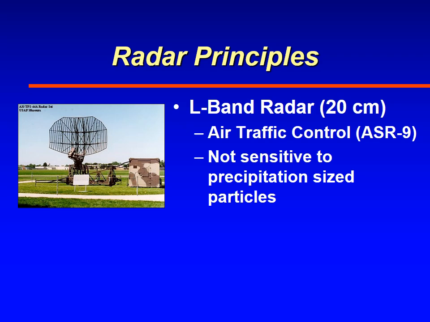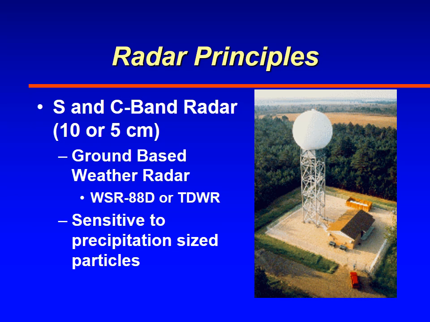These are similar to the ones all across the United States, the ASR-9s that are used for air traffic control purposes. S and C band radars, which are 10 or 5 centimeter, are designed specifically for ground weather radar. So these are your WSR-88Ds or your terminal Doppler weather radars. We'll talk about what those mean.